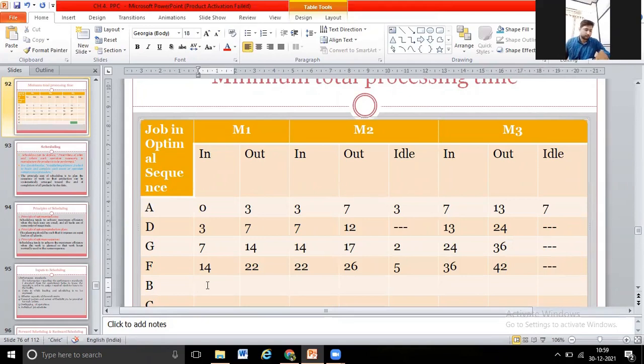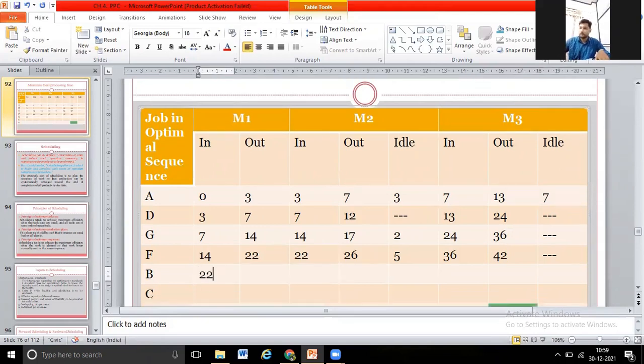Then for the B job, 22 hour will be the in time, 30 hour will be the out time. Here also 30 hour will be the in time, and 33 hour will be the out time, so 4 hour will be the idle time. Then 42 hour will be the in time, and 49 hour will be the out time, no idle time.